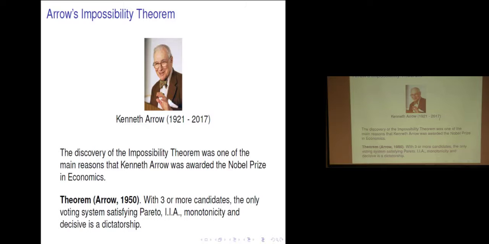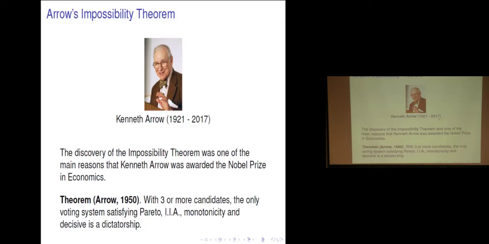Well, dictatorship, why is this an impossibility? Dictatorship will violate, for example, anonymous, right? I mean, dictatorship is bad. It's not the ideal system. So you don't even need to consider Condorcet or something else. You just consider Pareto, IIA, monotone, and decisive.